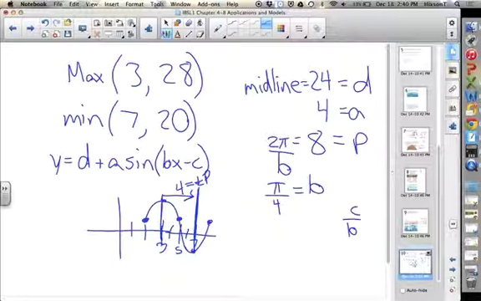So we have to go back 2 more, so actually that's going to hit 1. So the horizontal shift is 1. So 1 equals C over pi over 4. And so we get C equal to 4 over pi. Which is a little goofy, but we just made it up.